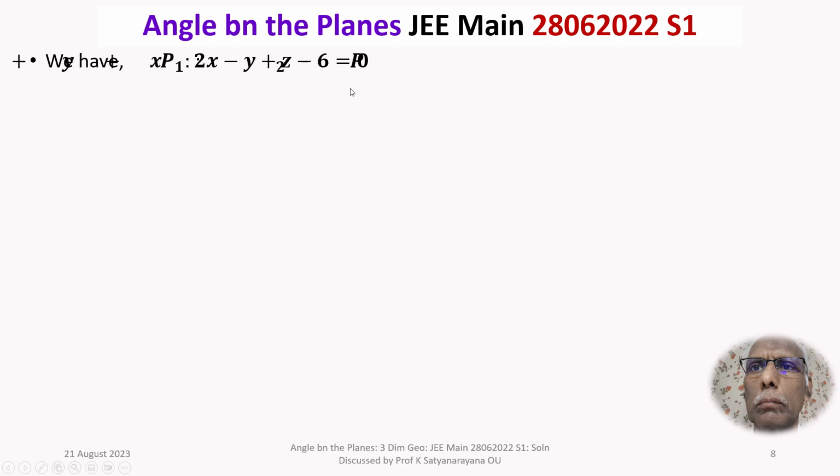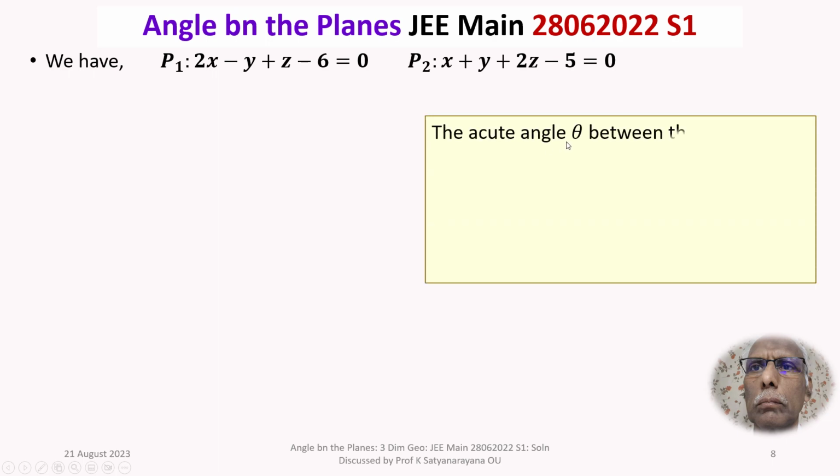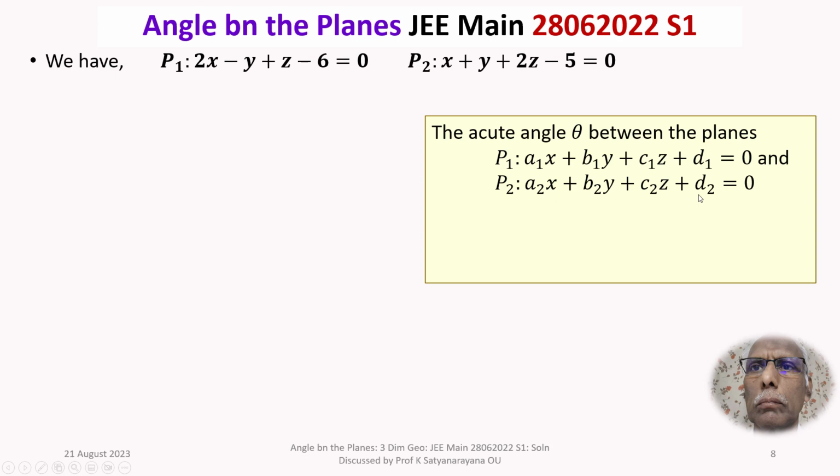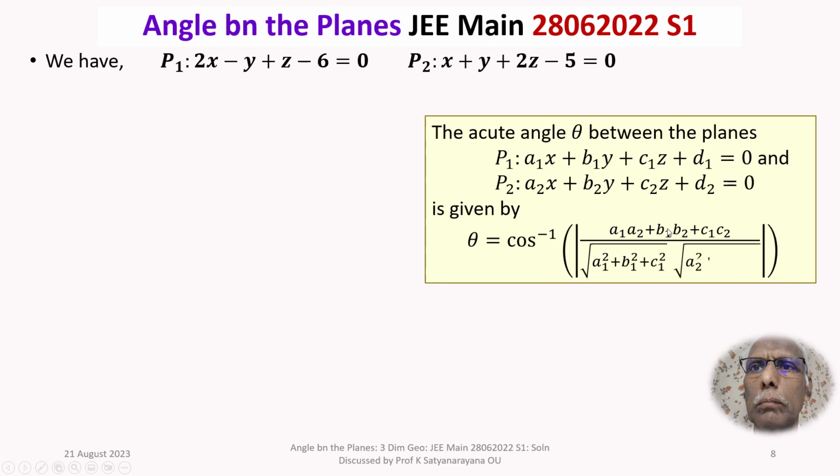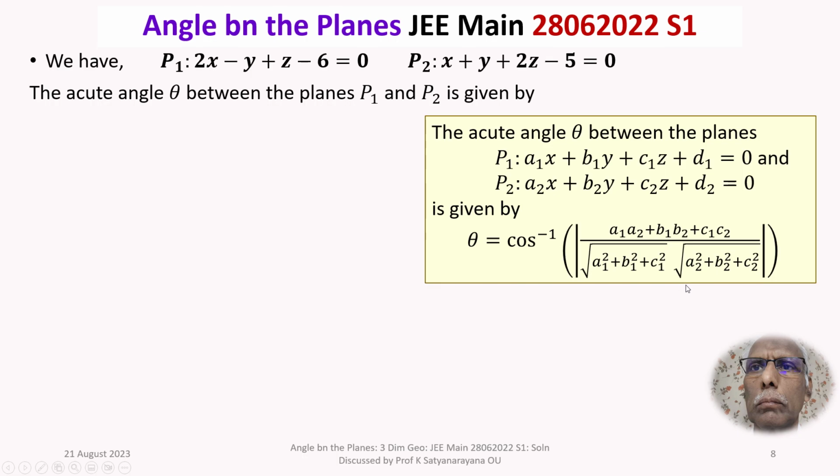We recall the acute angle theta between the planes P1 given by a1x + b1y + c1z + d1 = 0 and the plane P2 given by a2x + b2y + c2z + d2 = 0 is theta = cos inverse of modulus of (a1 a2 + b1 b2 + c1 c2) divided by the square root of (a1 square + b1 square + c1 square) into the square root of (a2 square + b2 square + c2 square).